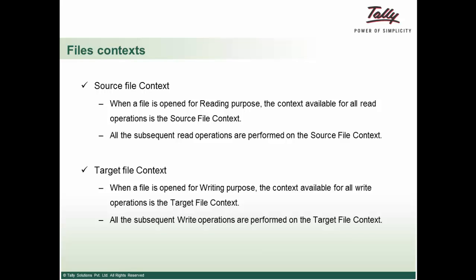All the subsequent read operations are performed on the source file. When a file is opened for writing purpose, the assumption is that it is the target file in which you will be writing some data back. So when you open something in read mode, by default it is source. Something that you open in write mode, by default it is target.